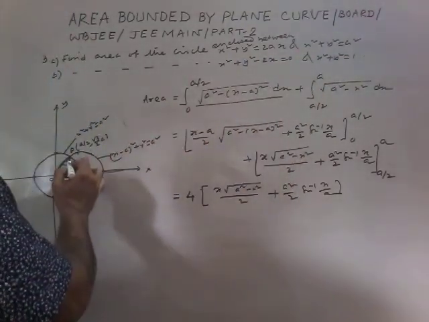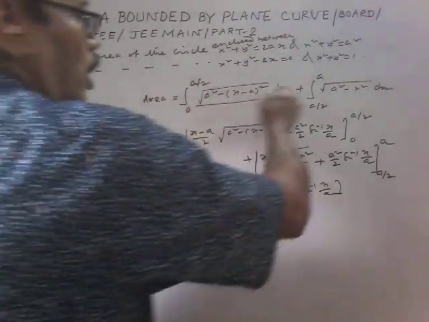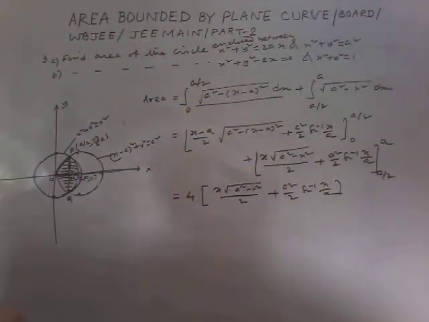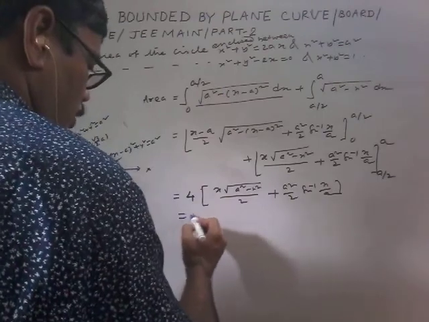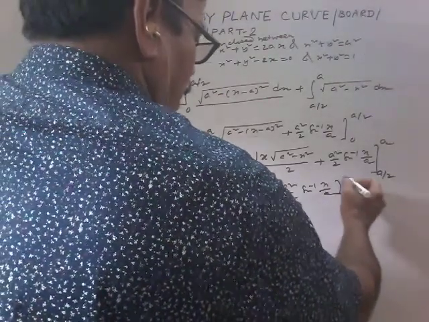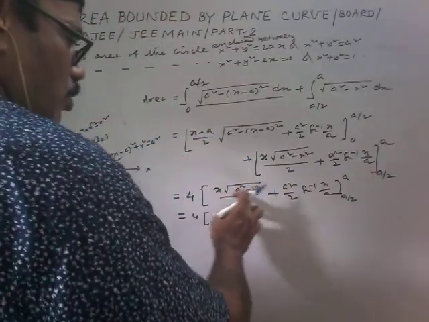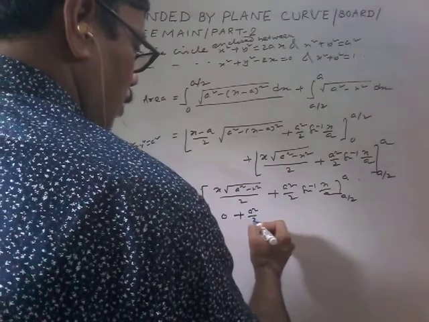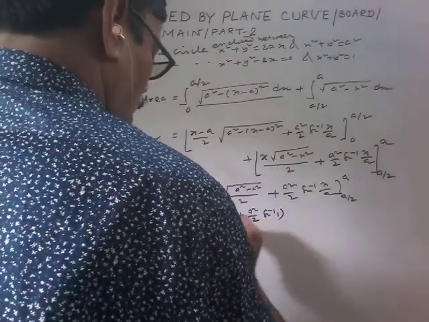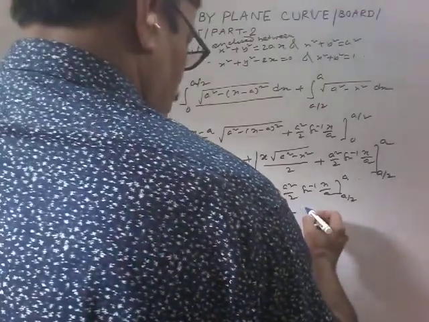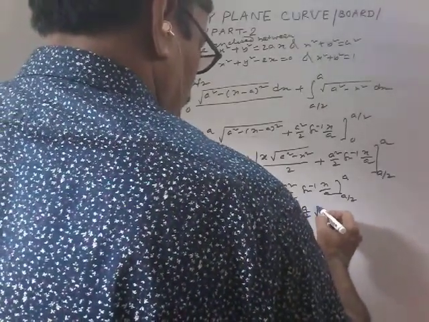They are the same radius a. That is why we are getting the area in this part. So 4 into, this is a by 2 to a. So if we put x equals a, this is 0, and this is a square by 2 sine inverse 1.